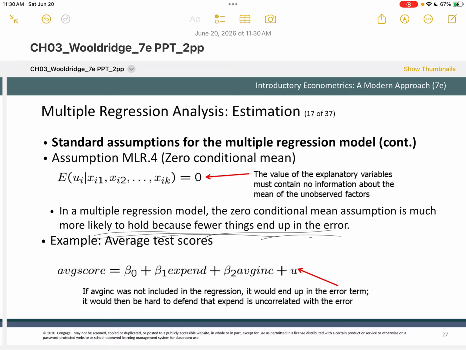We worked on this in class. Now, zero conditional mean, what does that mean? It means that in your explanatory variables, there is no information about the mean of the error term.